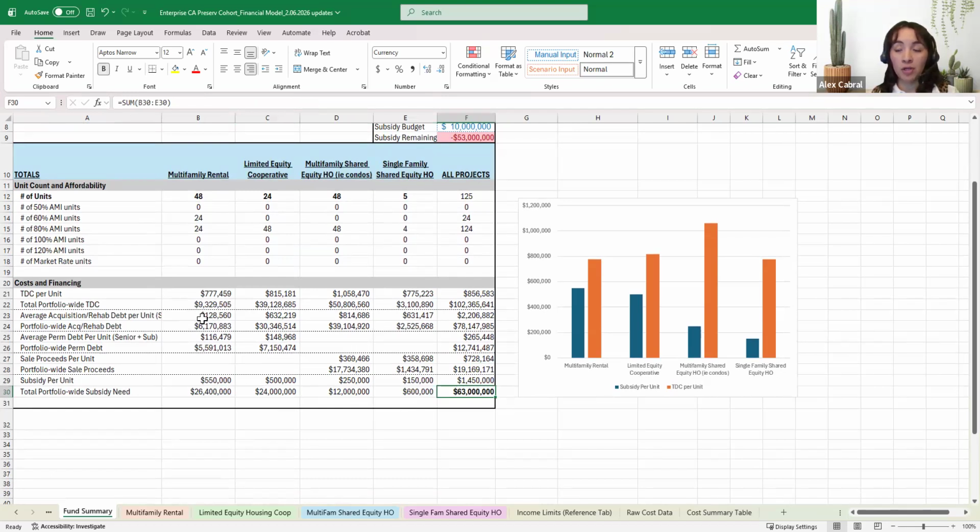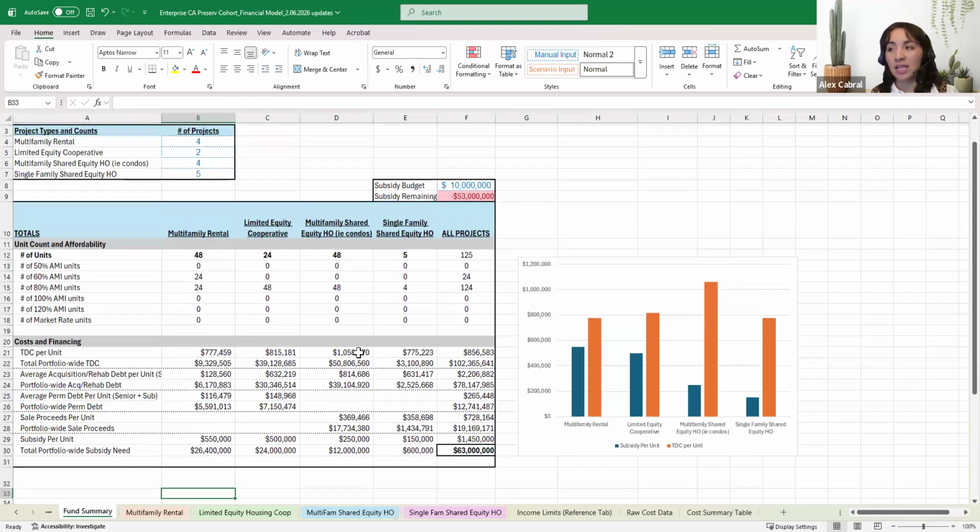Or maybe we're more interested in the debt at the rehab stage or the perm debt. So this allows us to get a sense, right? And maybe our program has a subsidy budget. So it'll tell us how over the subsidy budget we are. Right? These are all fake numbers, no reason for alarm.